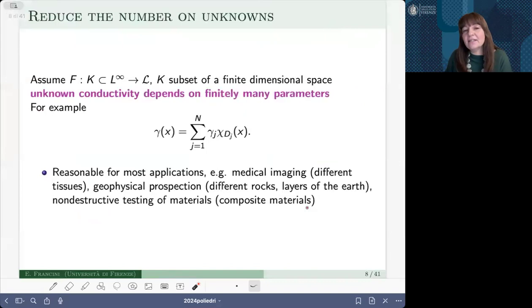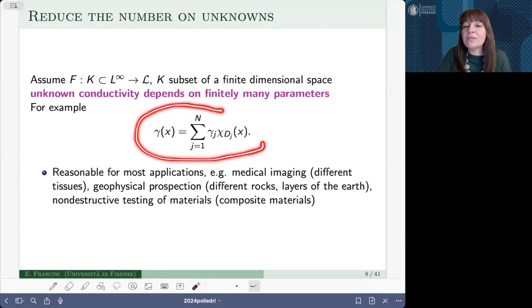So the idea is to restrict our unknown conductivity to a set that depends only on a finite number of parameters. For example, you can take coefficients gamma that are piecewise constant in some domain.